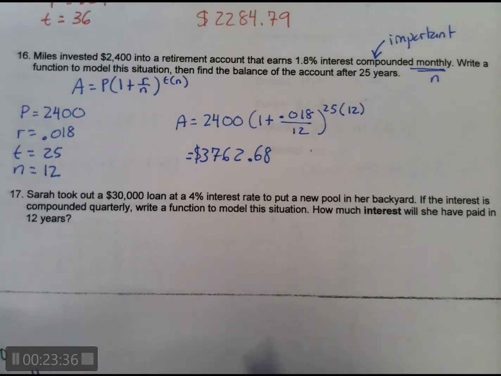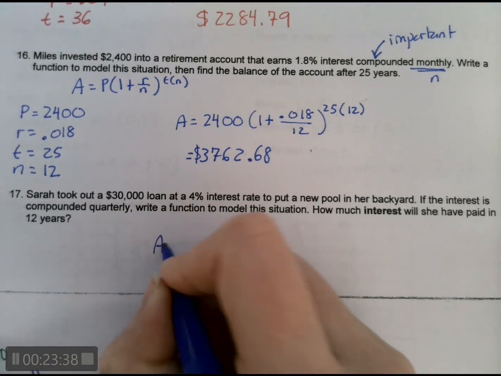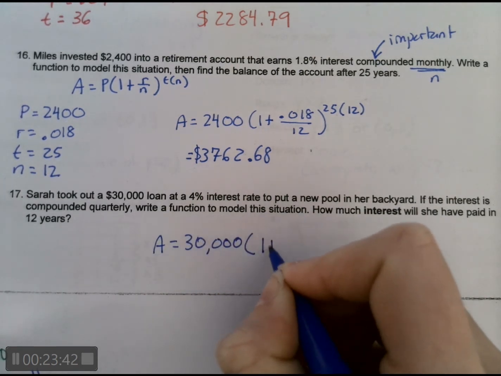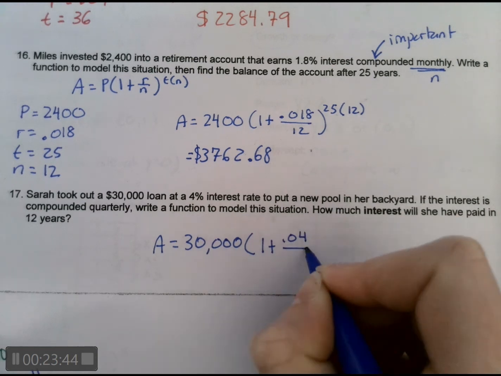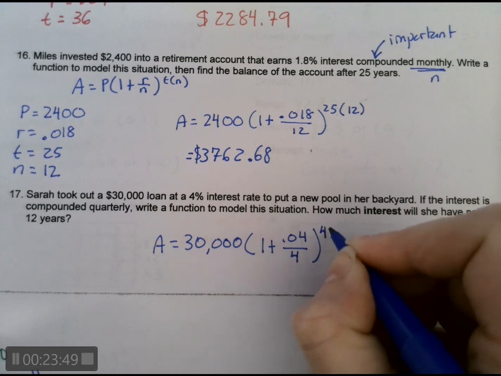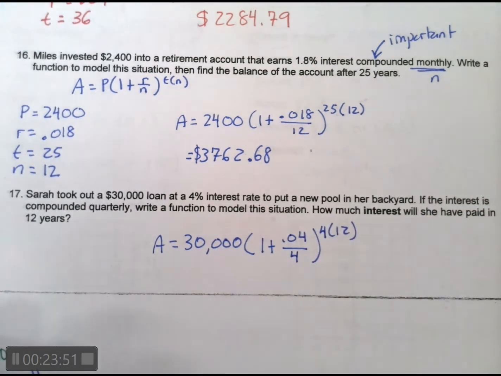Alrighty. So for this one, our equation should have been 30,000 times 1 plus 0.04 over 4, and then 4 times 12.